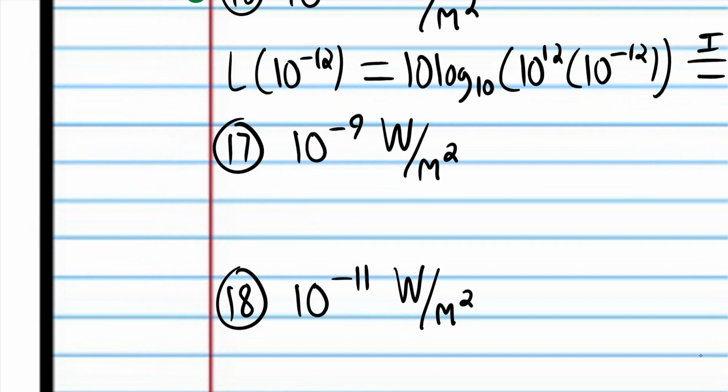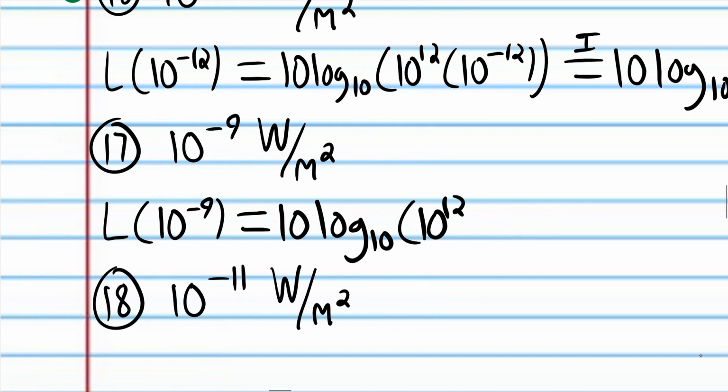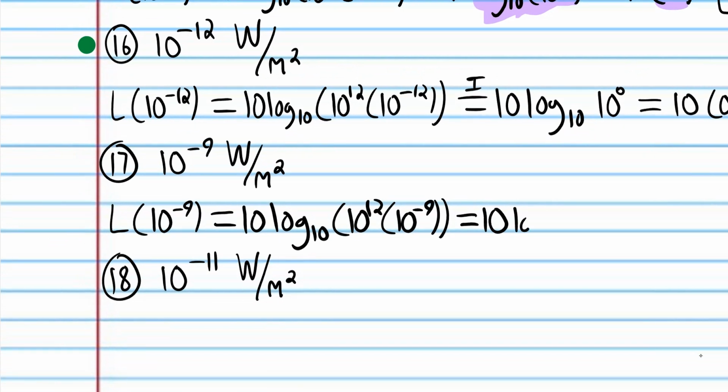Okay, we're back. So L of 10 to the negative 9th is equal to 10 times log base 10 of 10 to the 12th times 10 to the negative 9th. And we're going to use exponent rule number 1 to multiply those powers, and we get 10 to the 3rd power.